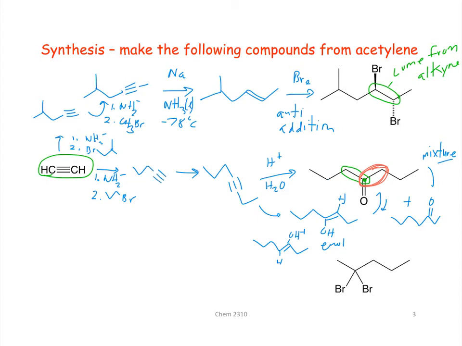Okay, we get to here. We do this a second time. Now we're going to add an ethyl group. Okay, and then we've done our chain extension, or we've got our carbon framework, and then we manipulate the functional group. We convert that alkyne into the ketone.